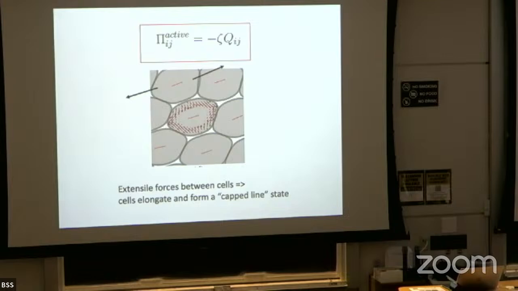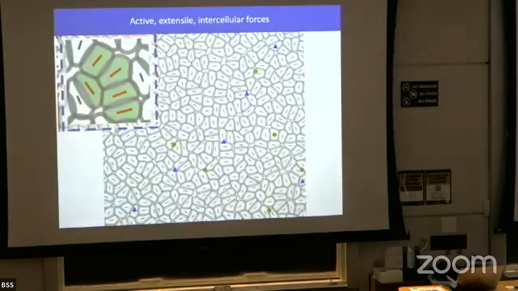If you have extensile forces between cells in this model, the cells want to line up perpendicular to each other. And you can't have everything lining up perpendicular, you can't do that for all the cells at once. So what you end up with is lines where the ones next to the line tend to be perpendicular.